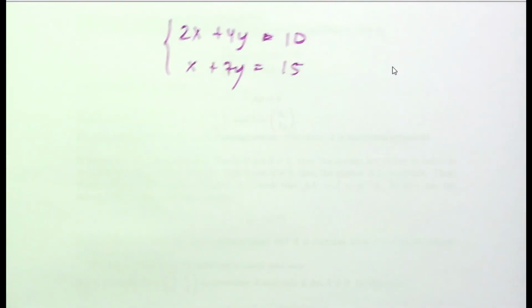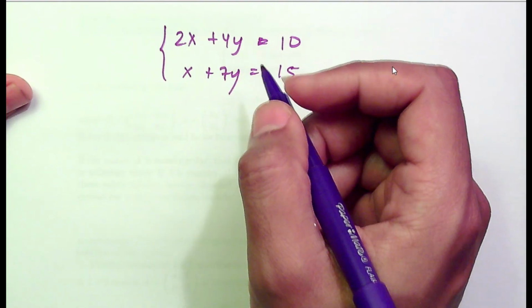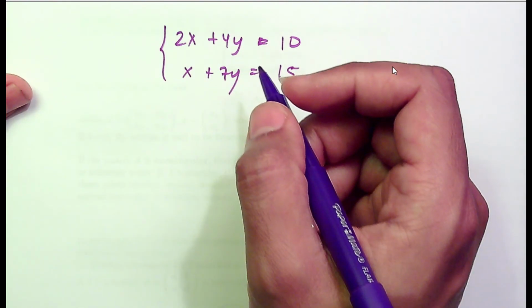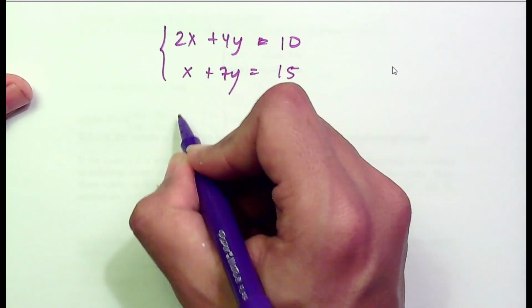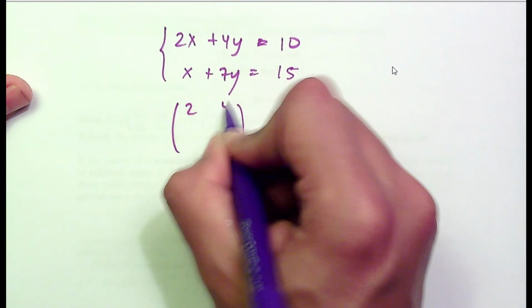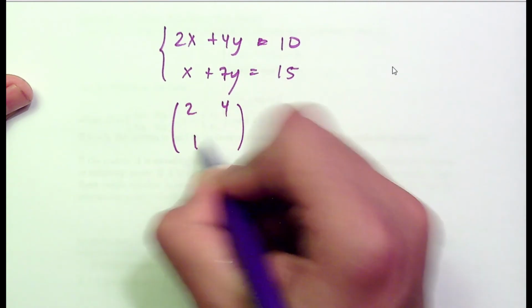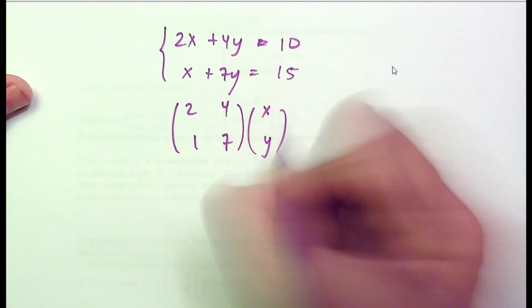Suppose you have that system, you can write it in terms of matrices and vectors. You could write the left hand side like this: the matrix 2, 4, 1, 7 times the vector x, y.